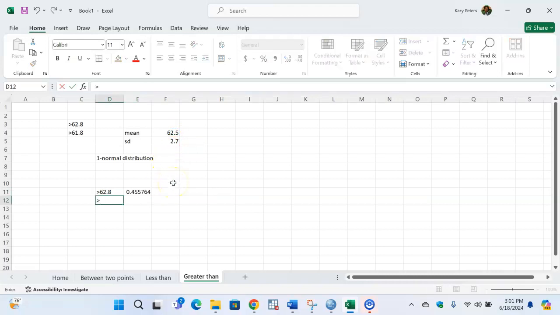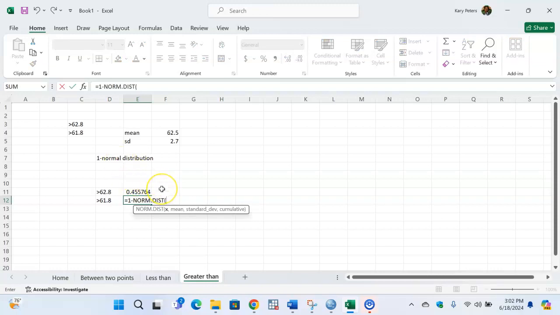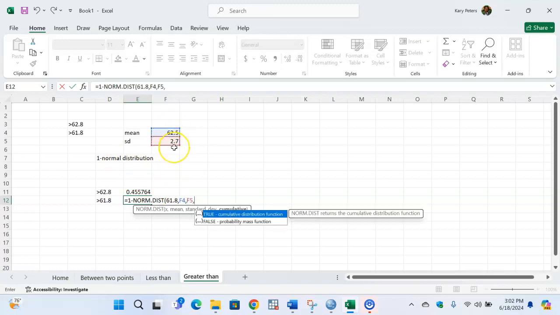Same thing here, greater than 61.8, so it's 1 still minus normal distribution, 61.8, mean is 62.5, that's it.